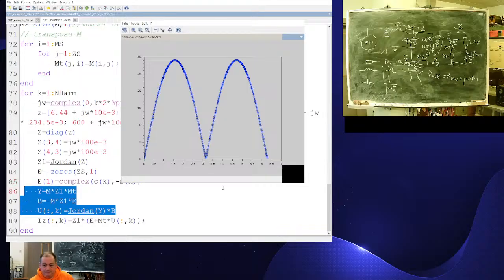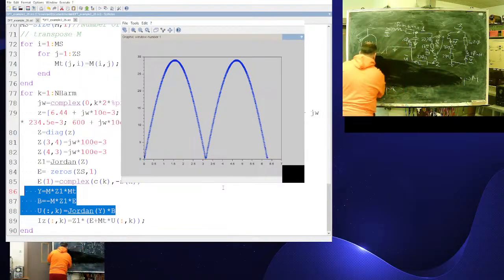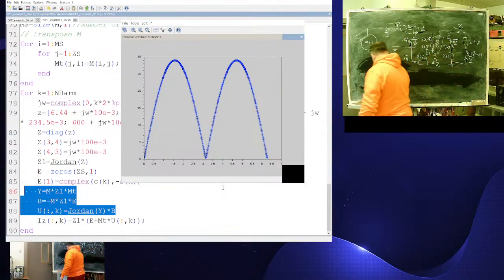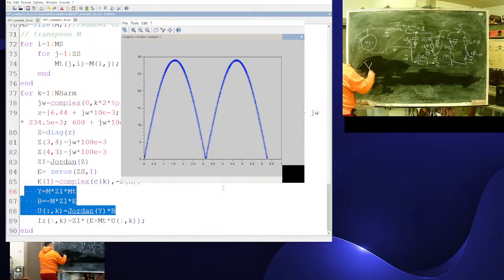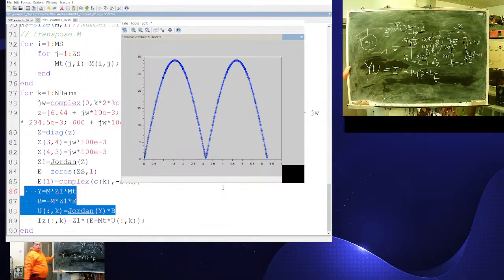What am I solving? What's here? I can solve my network by solution of the nodal voltage equation. This is my nodal voltage equation.